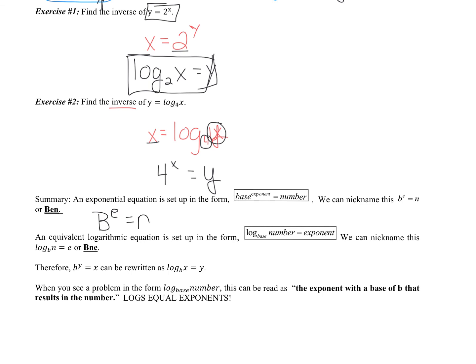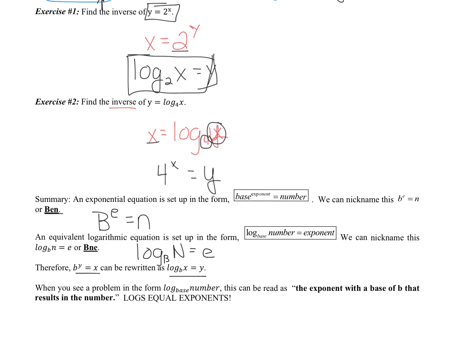An equivalent logarithmic equation is in Benny. So when we have the word log, the base goes here, the number goes here, and Benny, the exponent, is the answer. So the exponent goes over here. We can nickname this log Benny. So if I have an equation, b to the y equals x, just like we had in that first one, we found the inverse. The equivalent logarithmic equation is like this.